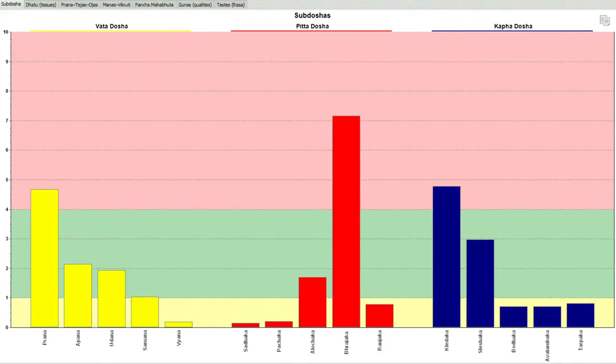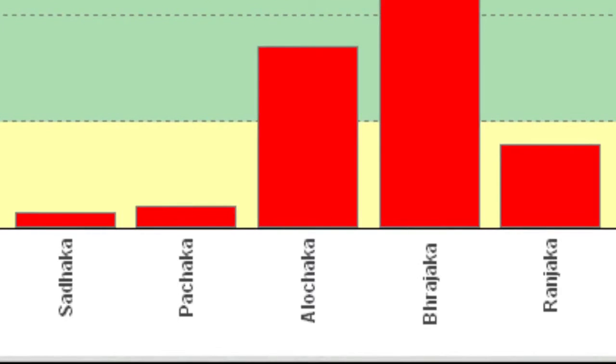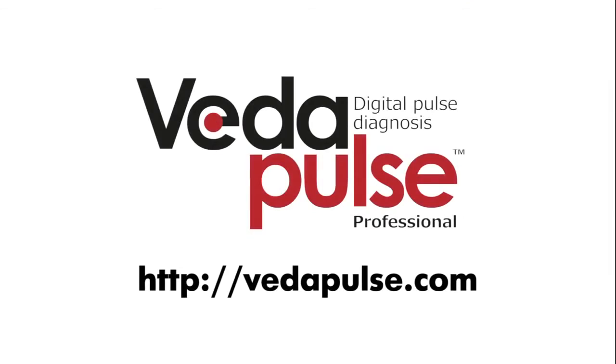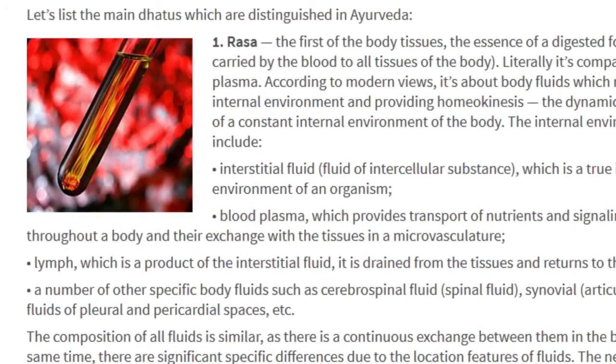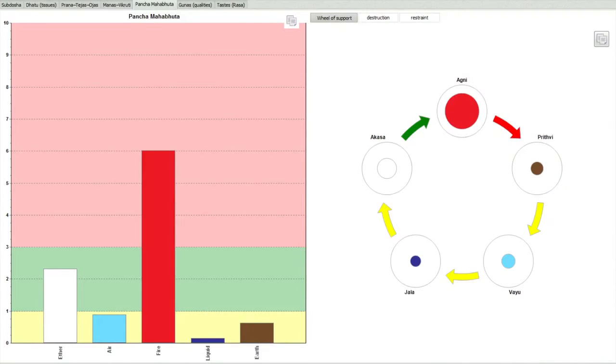This module includes 3 tabs. The Subdosha tab allows for an in-depth analysis of regulation subsystems, which are called subdoshas in Sanskrit. On our website, you can find articles about it. The Dhatu tab allows determining the functional state of the tissues, sort of Ayurvedic histology.